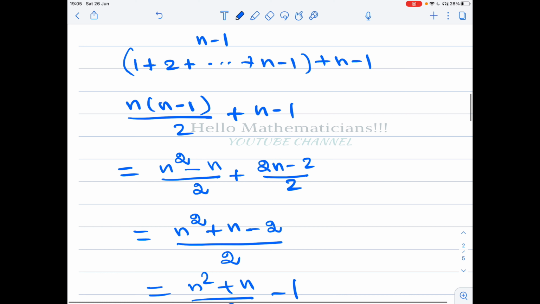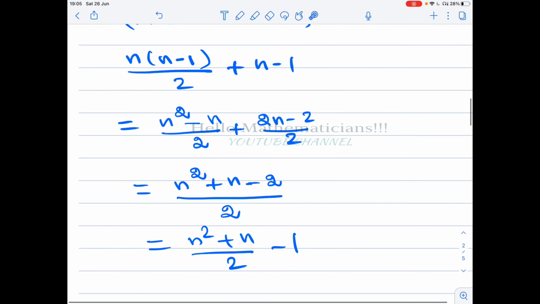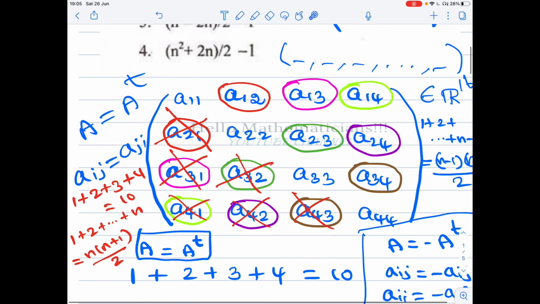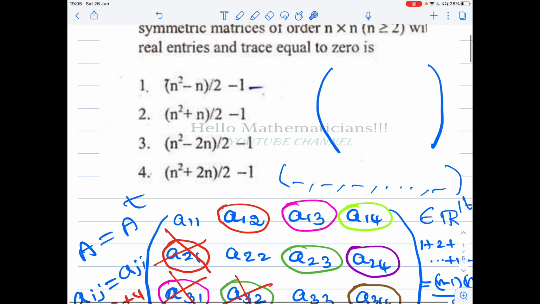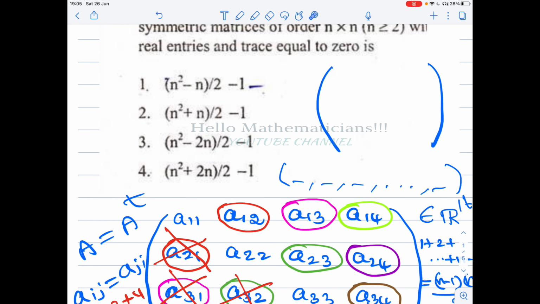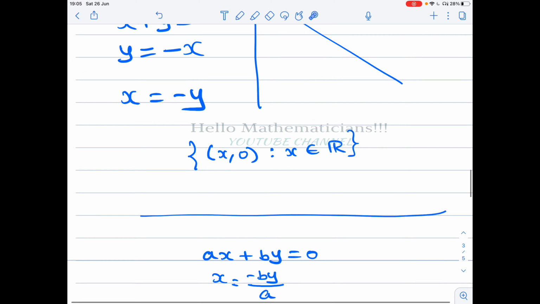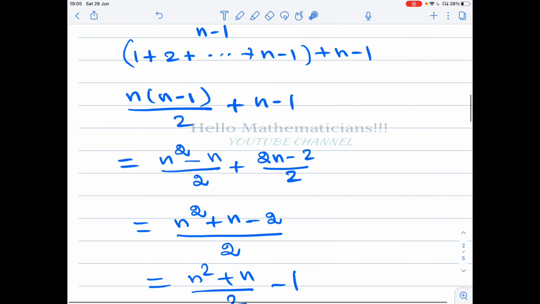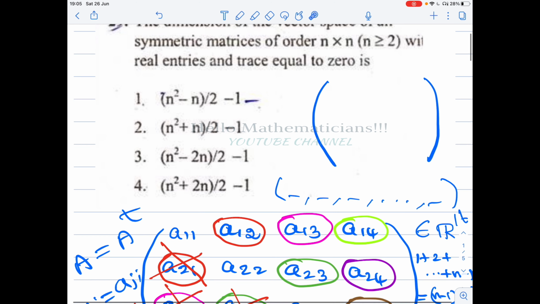So this value is n into n minus 1 by 2 plus n minus 1. You simplify them, you get (n square plus n) by 2 minus 1. That is what we got, right? Let me check. (n square plus n) by 2 minus 1. Therefore option B is correct.